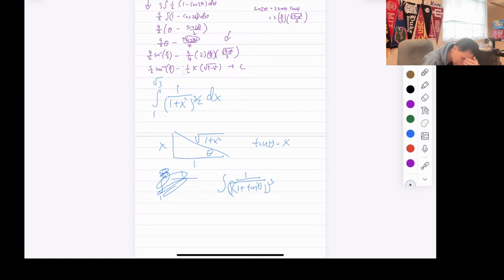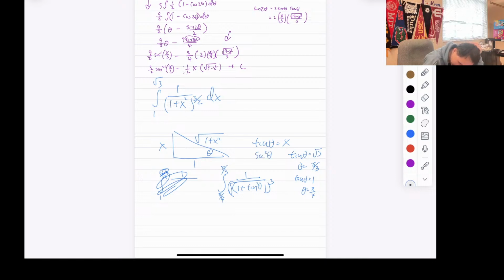I thought I was being smart, and then I'm... square theta over the square root of theta over secant theta. Theta equals pi over 4.